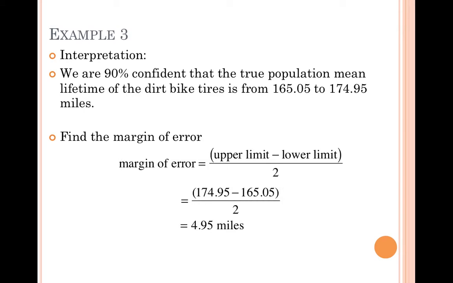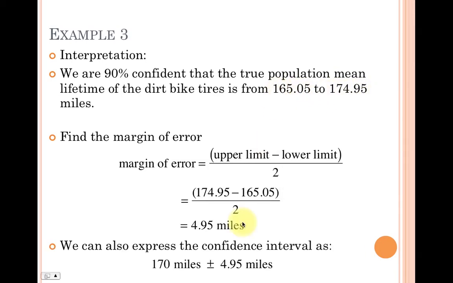So we can also state our confidence interval as, right now it's 165.05 to 174.95, but we can also state it with the sample mean 170 miles plus or minus our margin of error, 4.95 miles.